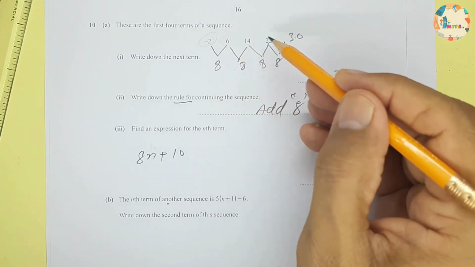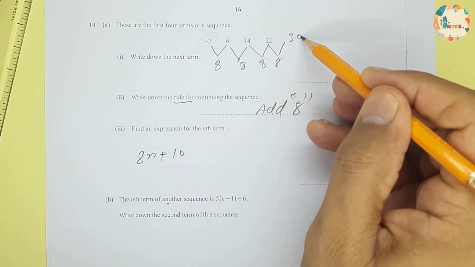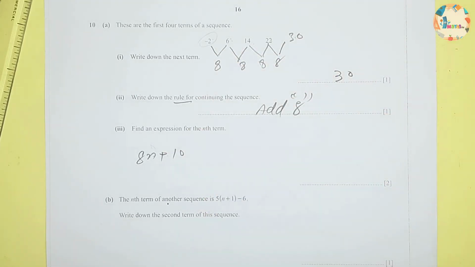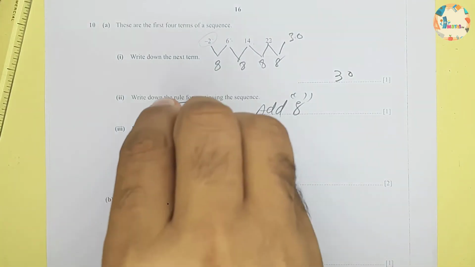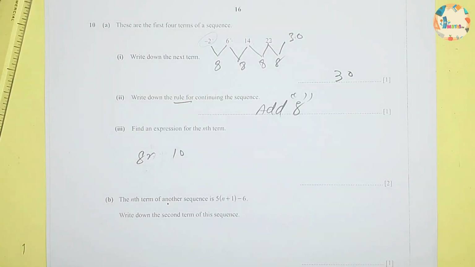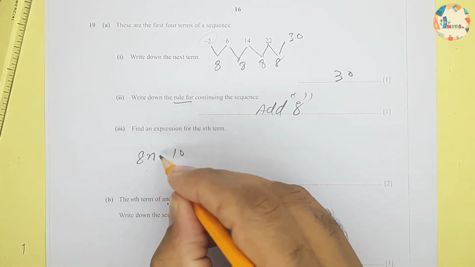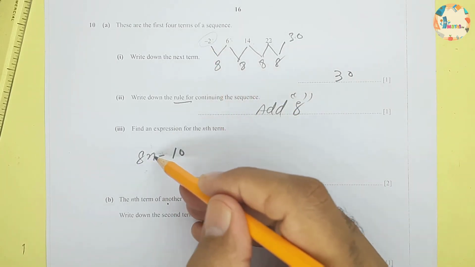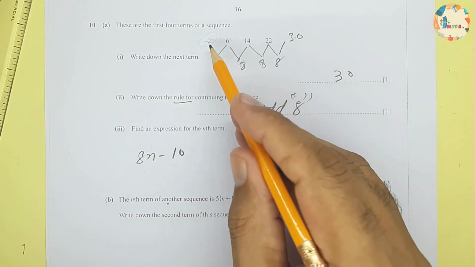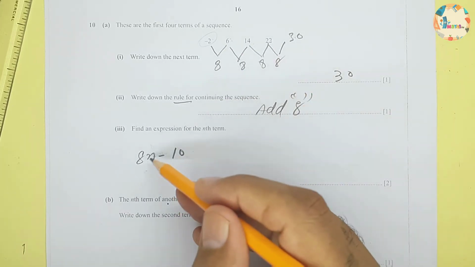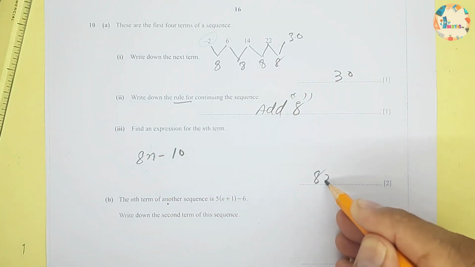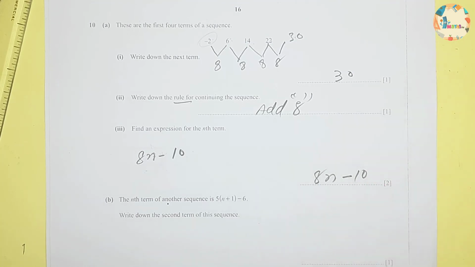So basically it's not plus, it's minus, because this will be minus over here. So this will be 8n minus 10. For example, for n is equal to 1, it will be 8 minus 10 will be minus 2. For 5, it will be 40 minus 10, which is 30. So this formula is working. So 8n minus 10 will be our formula.